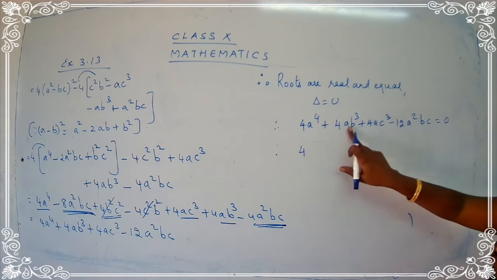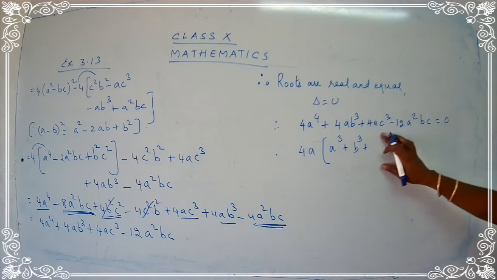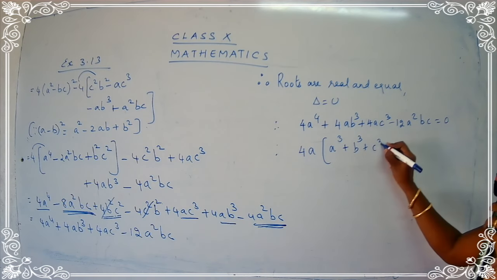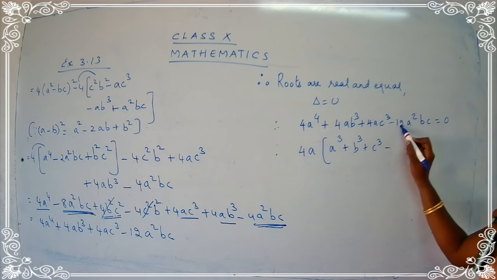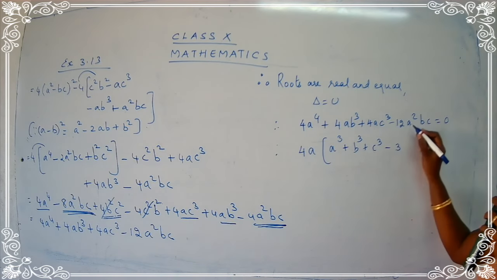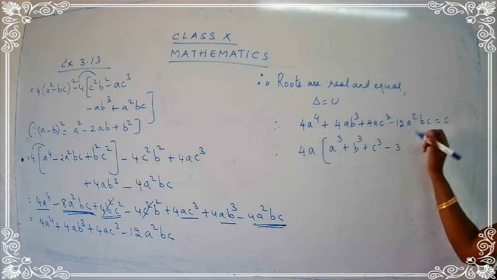a cube plus 4 is taken, a is taken. So what is left here? b cube. Okay. Here 4 is taken, a is taken. So what is left here? c cube minus 4 3s are 12, a, from 2a, 1a is taken.